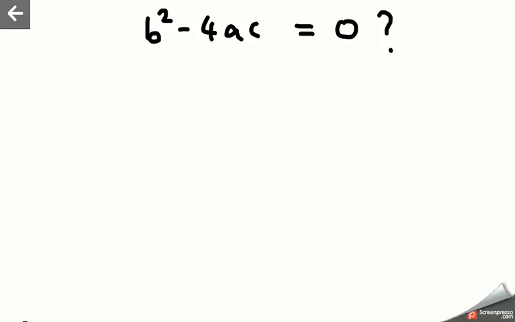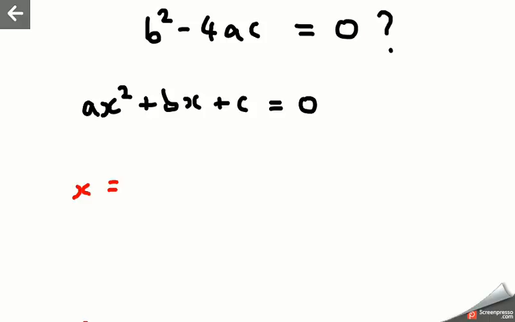Remember, given a quadratic equation of the form ax squared plus bx plus c equals 0, we know by our quadratic formula that x is equal to two things.